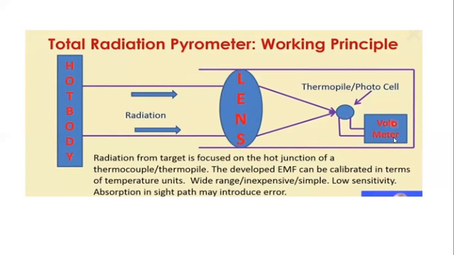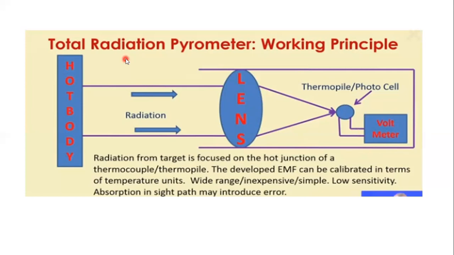This voltmeter will read a particular voltage, which is proportional to the intensity of radiation. That intensity of radiation is directly calibrated as a measure of temperature. So we can convert the radiation coming from a hot body to a voltage by using this arrangement.